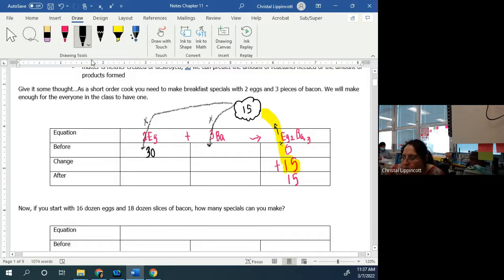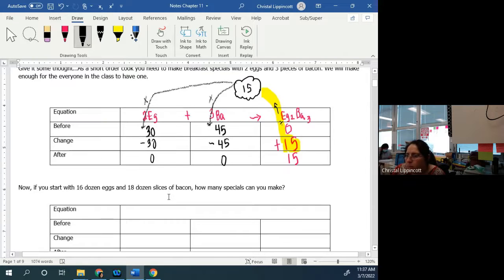And 15 times 3, I'd need 45 pieces of bacon. And if I used up all 45, I wouldn't have any left. If I used up all 30, I wouldn't have any left. I'm going to use the same equation down here.